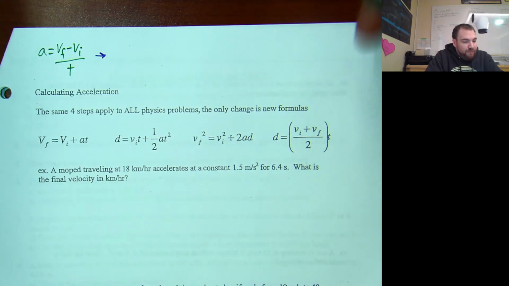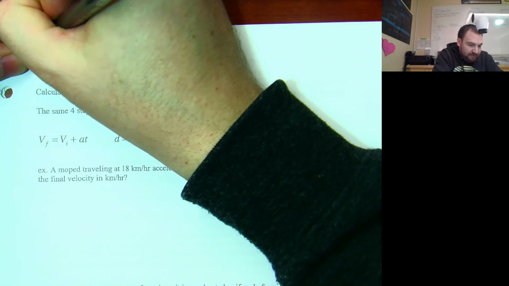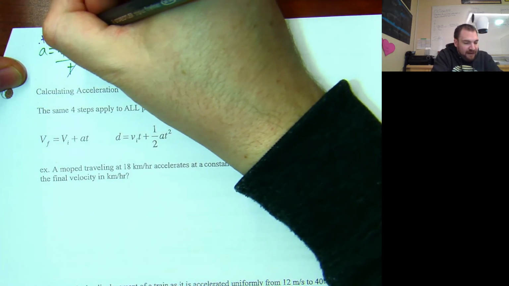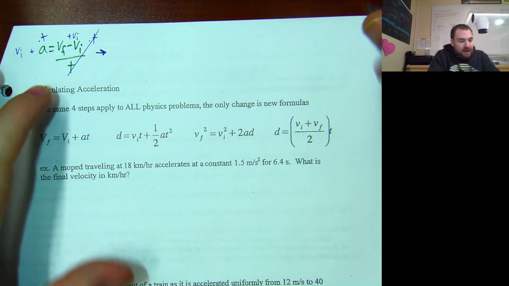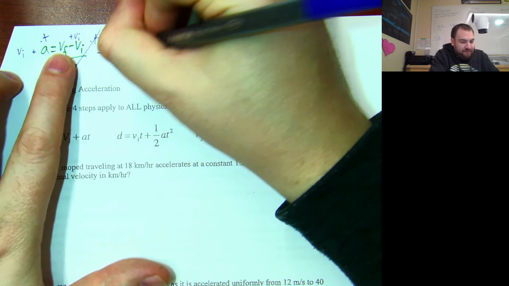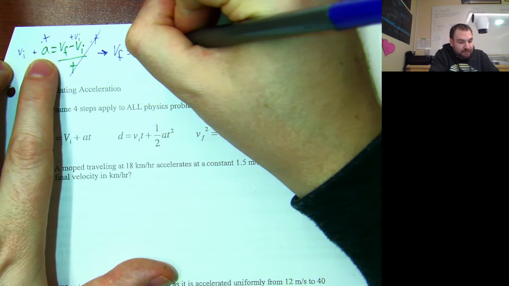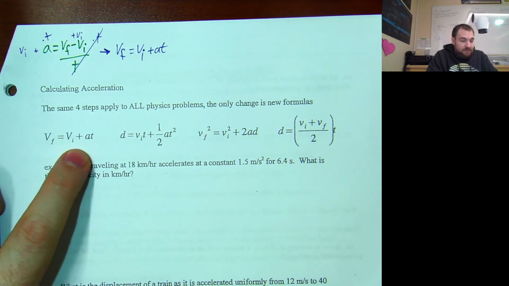The first thing I want to move over is that t. So I'm going to multiply by t on both sides. It's going to cancel on this side. And then I'm going to add vi to both sides. I'm going to be left with vf equals vi plus a times t. That's that equation right there.